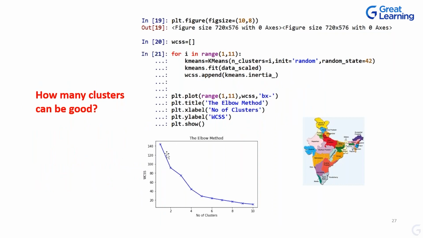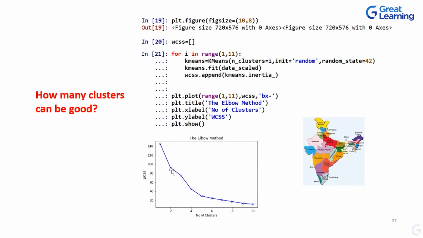Scree plot. I'm very much sure that you're aware of this term. WCSS, within cluster sum of squares. So in this data, when first cluster means no clustering happened, entire 36 states considered as one cluster, then their WCSS was somewhere around 150.